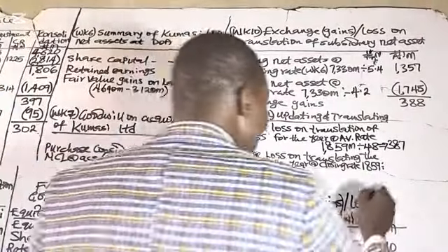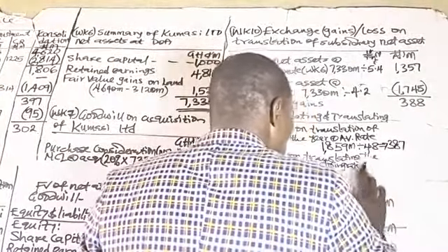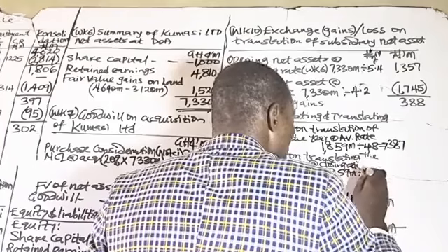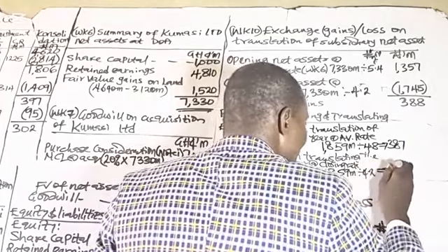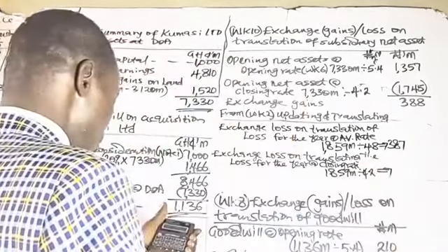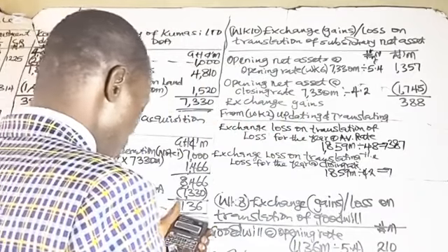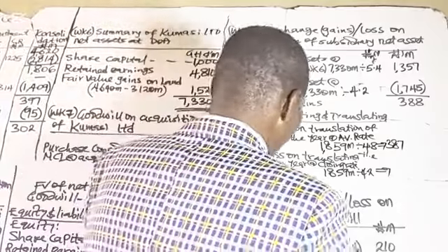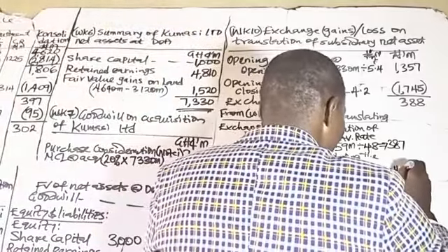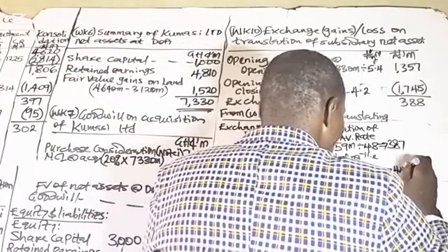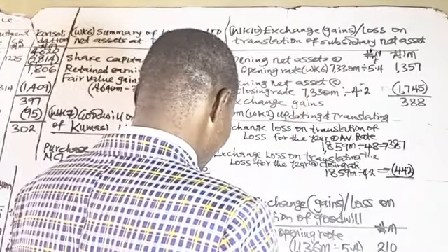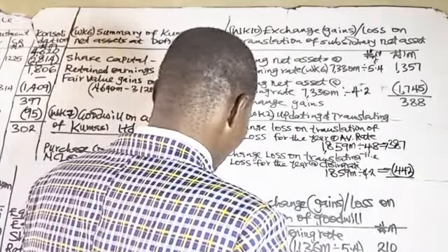So we want to translate it at that rate of 4.2. 1,859 divided by 4.2 gives us 442. So the difference is 442 minus 387. That gives us 55.